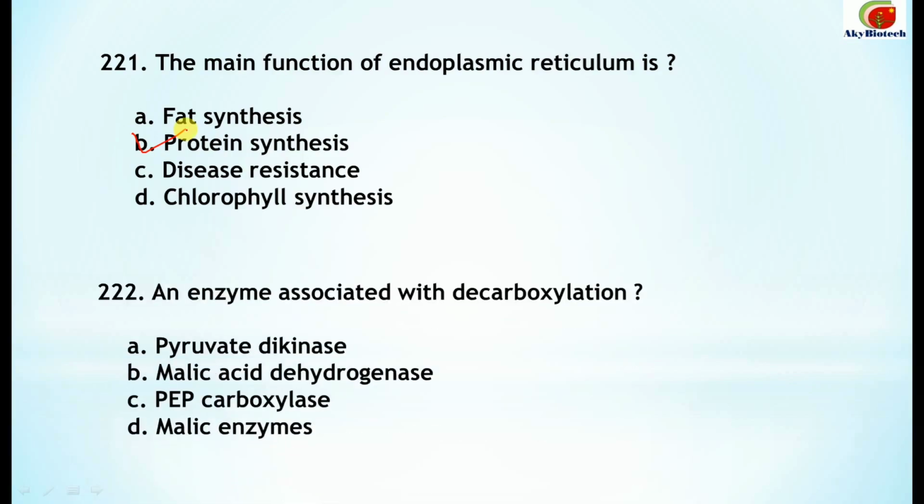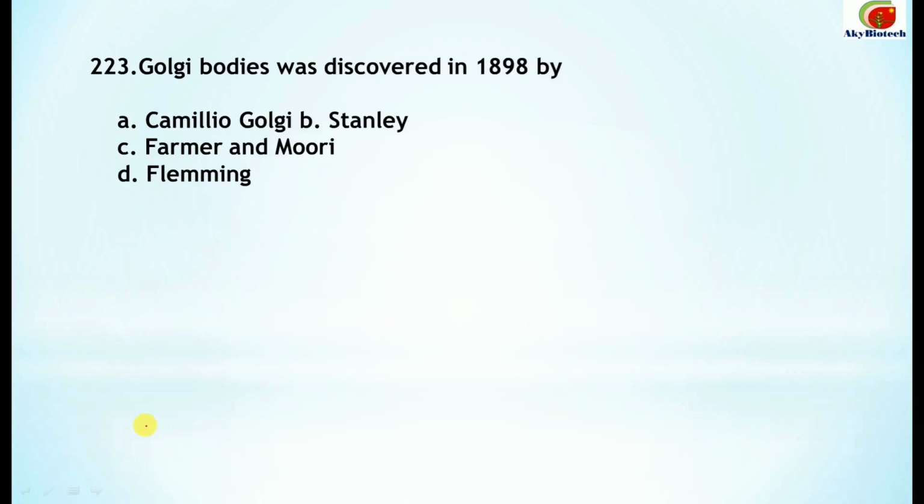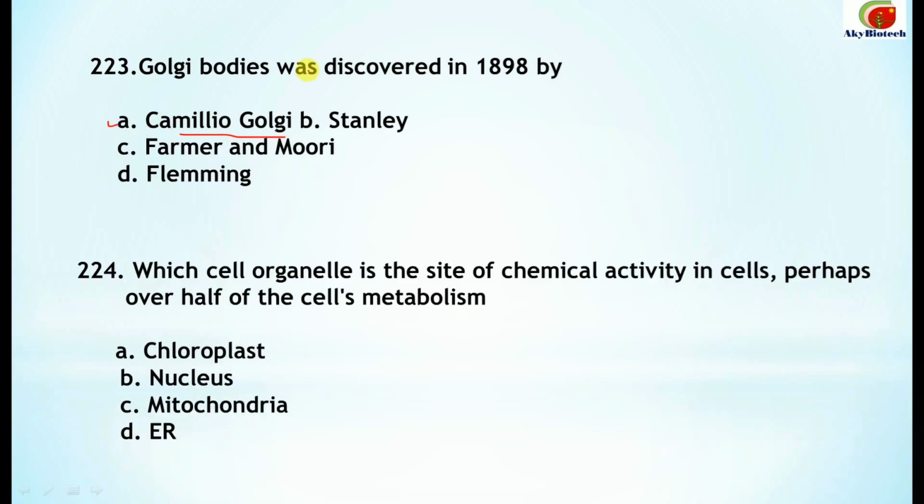222. An enzyme associated with decarboxylation is malic enzyme. Question number 223. Golgi bodies were discovered in 1898 by Camillo Golgi, A part is the correct one. 224. Which cell organelle is the site of chemical activity in cells, perhaps over half of the cell's metabolism?